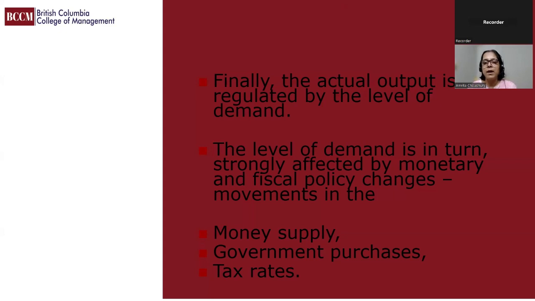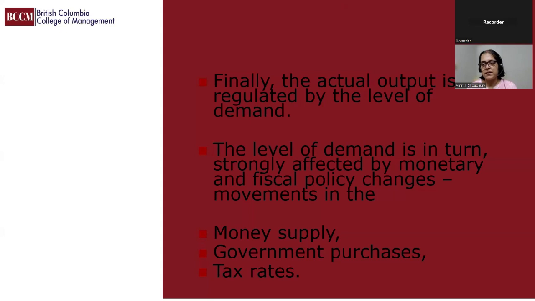Now, the aggregate demand in the economy is composed of consumption demand coming from the households, the investment demand coming from the firms, and the government purchase of goods and services, that is, the government demand for goods and services.